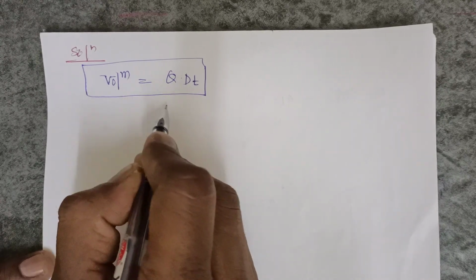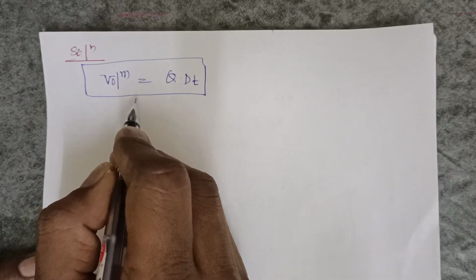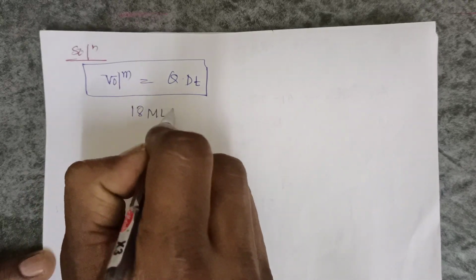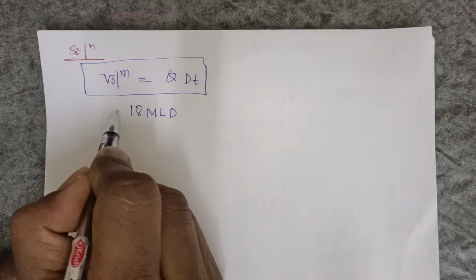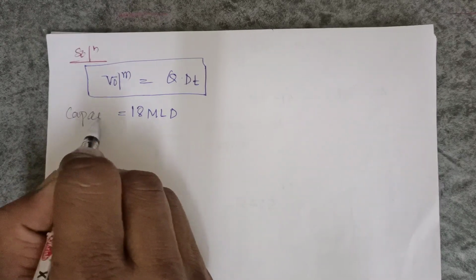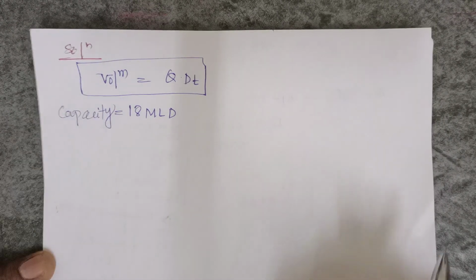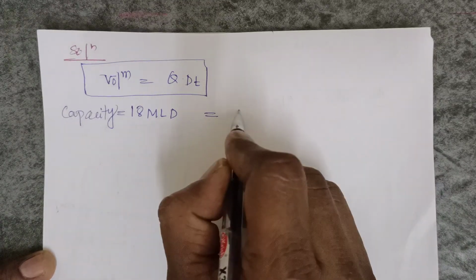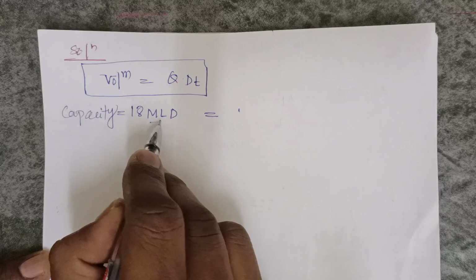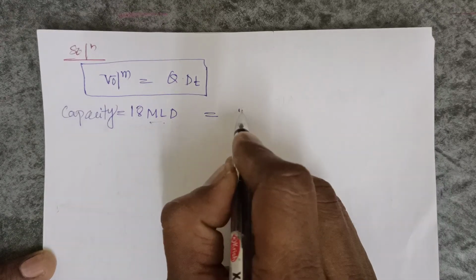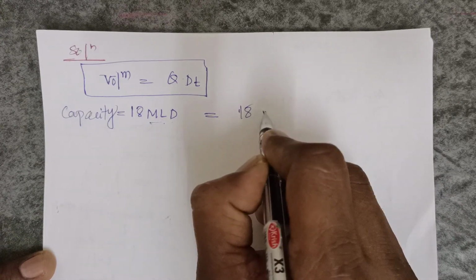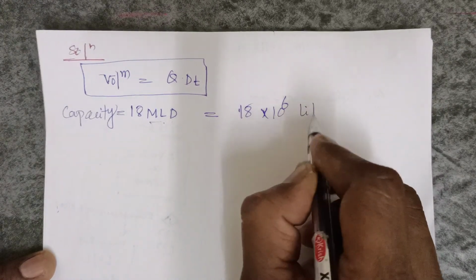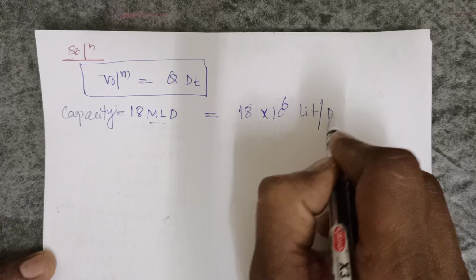The capacity of the rectangular sedimentation tank is given as 1.8 mld. That is the capacity, right? So if I will convert it into million liter, that is what mld, million liter per day. 1.8 million, million means 10 to the power 6, liter, L means liter, and D means per day, right?